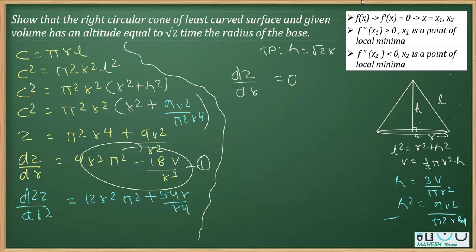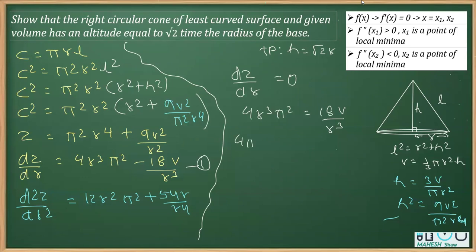If I equate this with 0 and transpose it simultaneously, we'll get 4r cube pi square is equal to positive 18 times v over r raised to the power 3. Now I'm transposing this r raised to the power 3 to the left hand side. So it's 4 pi square and r raised to the power 6 is equal to 18 times v.